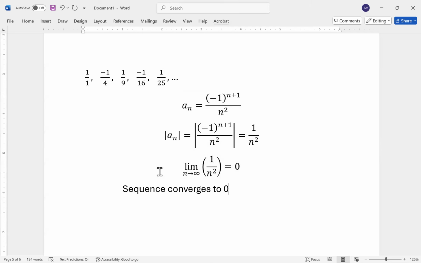This is just one application of the squeeze theorem. Okay, I'll show you what I mean by that.